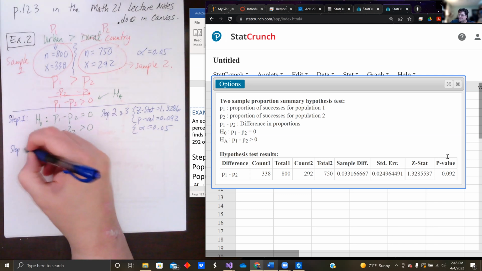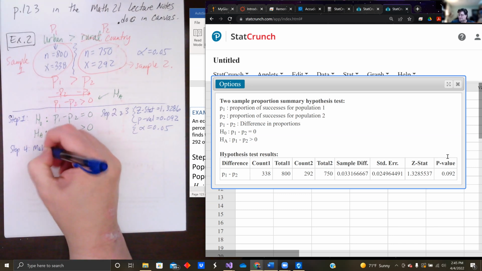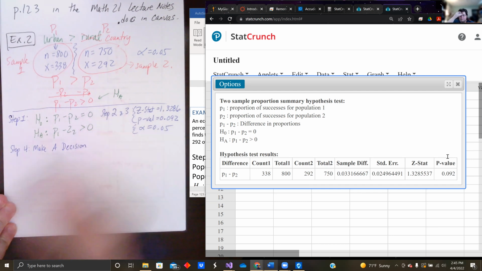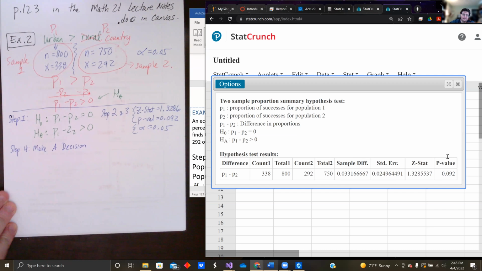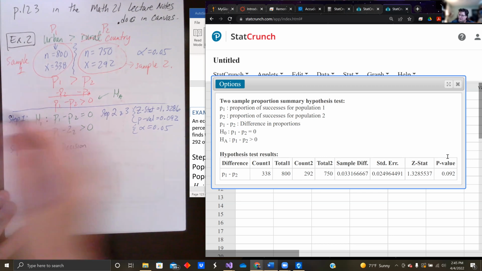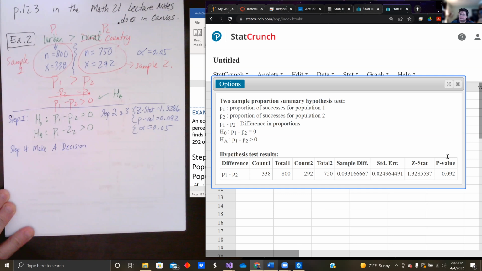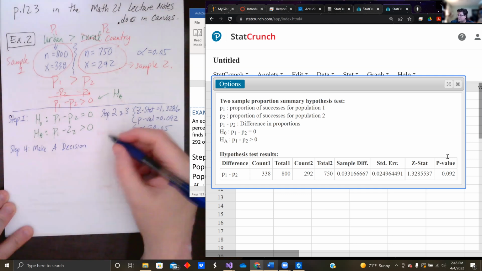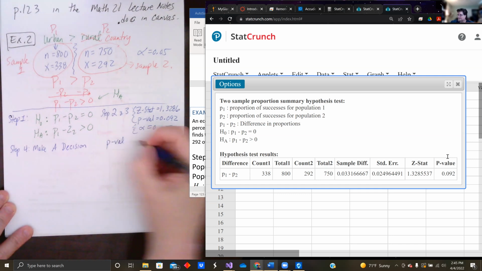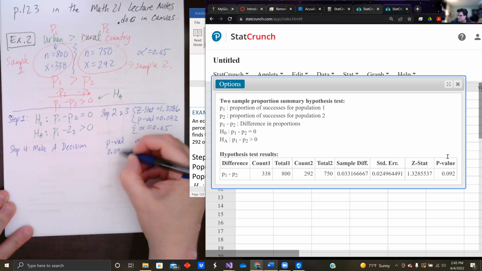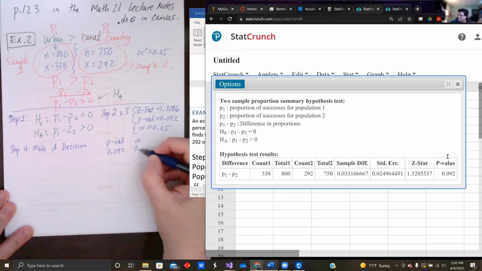Step 4 is make a decision, which means we have to compare our p-value and alpha. And thankfully, that hasn't changed from our one sample procedure. The only thing that's really changed is step 1: what does H naught HA look like? So I'll compare my p-value and alpha. The p-value is 0.092. Alpha is 0.05.